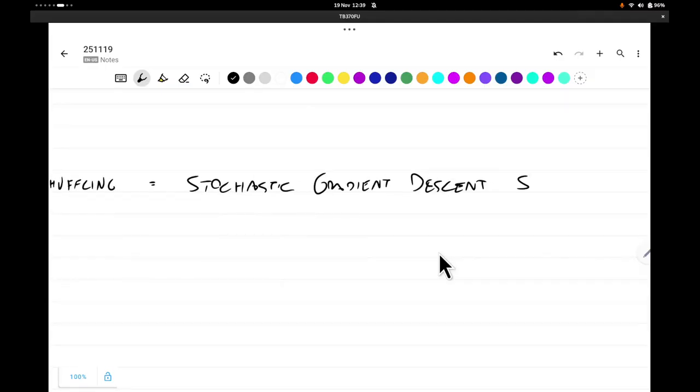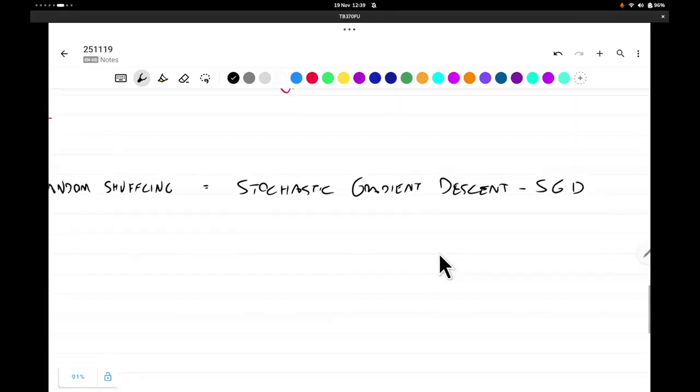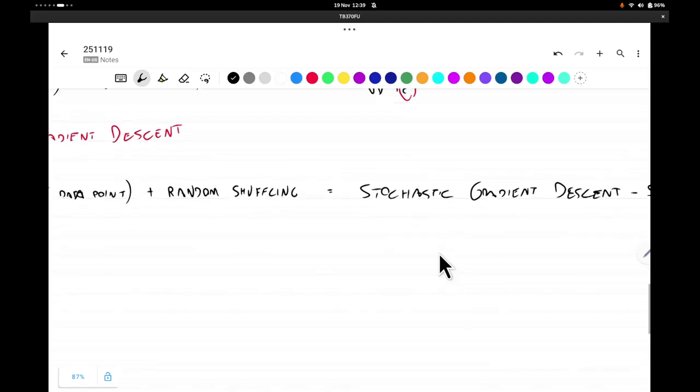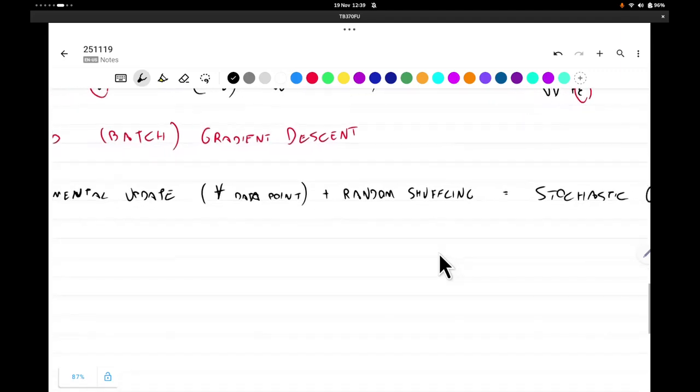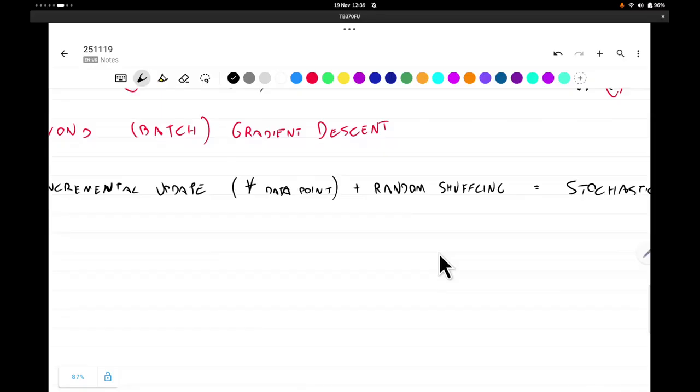SGD is also an abbreviation that you see everywhere in the literature. So there is nothing mysterious behind that. It's just that the weights are updated for each training point, but we do this random shuffling so that we don't have this periodic behavior.